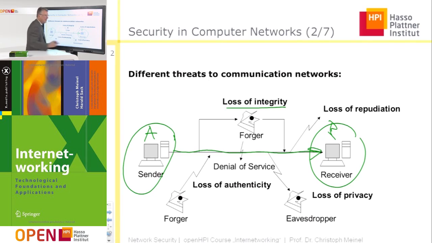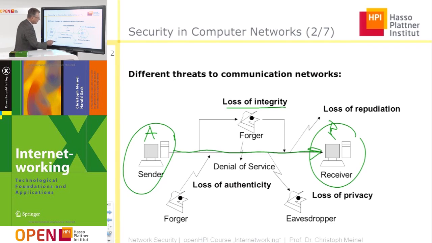The receiver, Bob, is no longer able to see whether this is exactly the mail sent by Alice, or a mail which was forged during the transport.